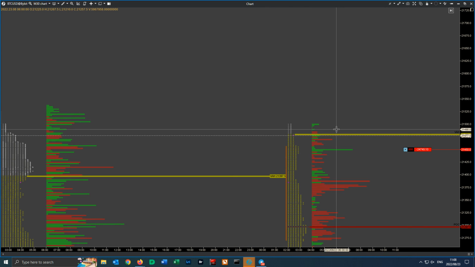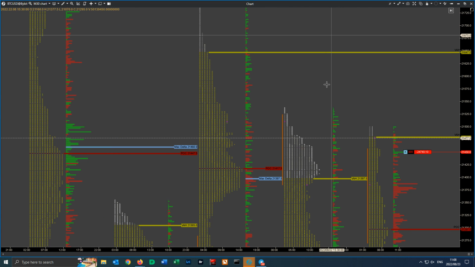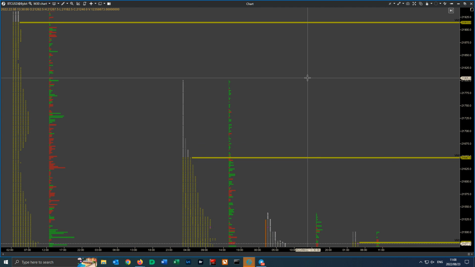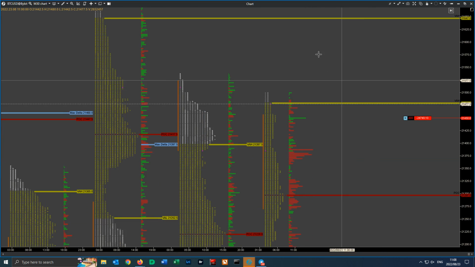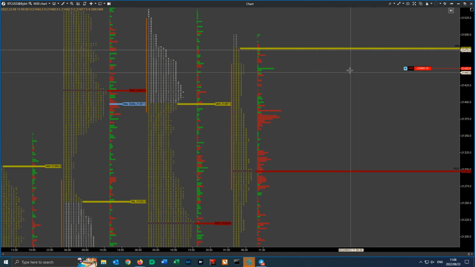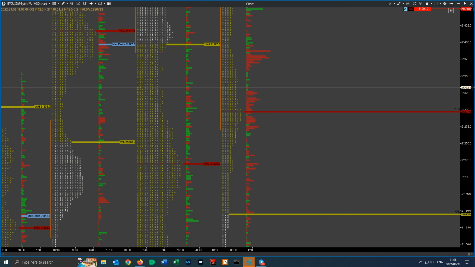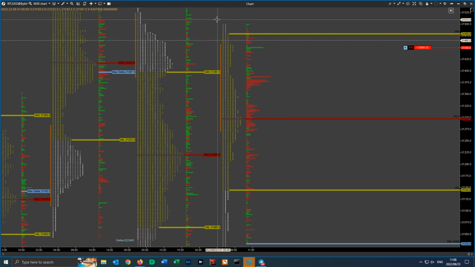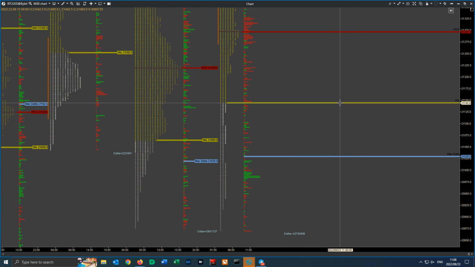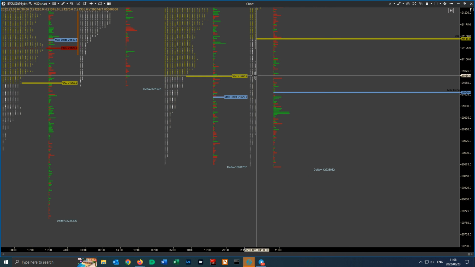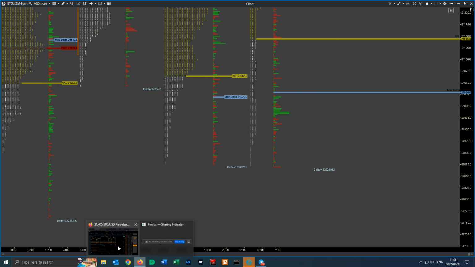I could have waited for price to come up and go maybe a swing failure pattern above this $21,800 area. But I think this could really play out. And I think London is about to open. So the probability of price moving down, when we've got this failed auction here, all the way down to that value area low at the $21,100 area, and possibly lower, towards the previous day's value area low, is a very big likelihood.